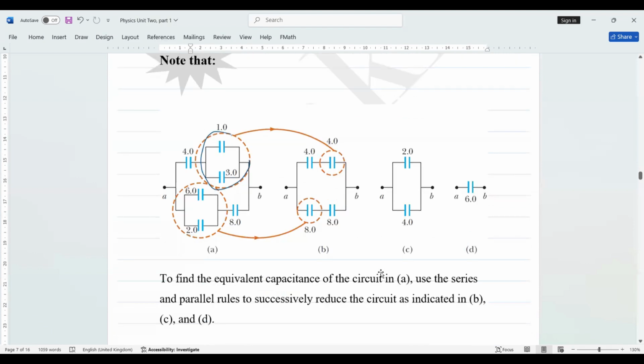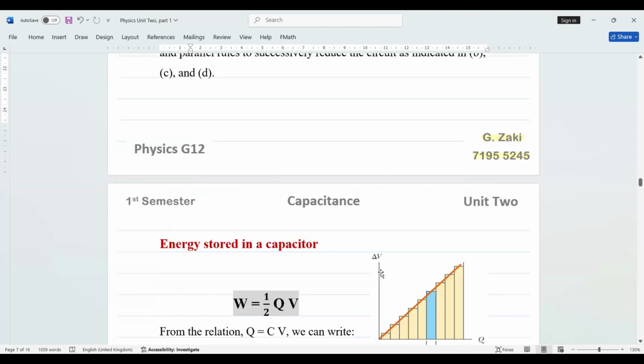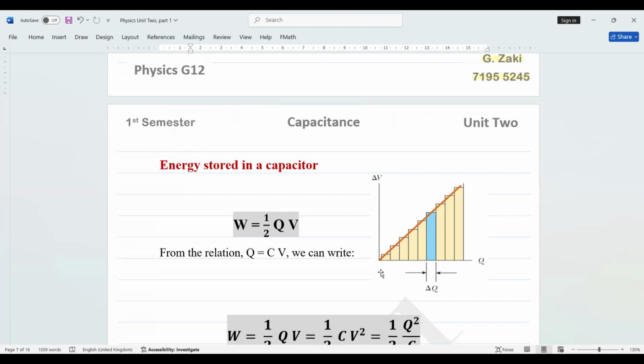Now let us talk about the energy stored in a capacitor. Look, my friend, here we have V and Q. So remember, if it's V versus Q, the relation, of course, is a straight line because we know that Q is directly proportional to V. So the capacitance is 1 over the slope because it is not QV, it's VQ.